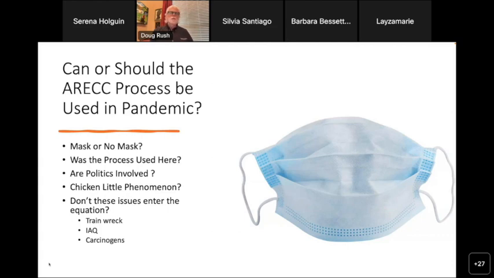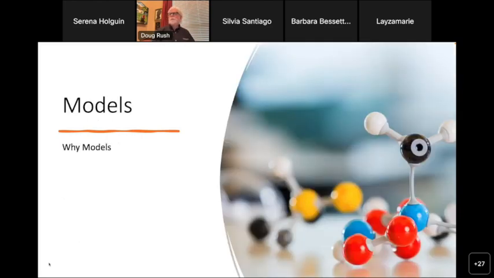Same thing goes with carcinogens. I cannot tell you how many times I've been in a workplace where someone thinks if I'm exposed to one molecule of a particular chemical, I'm going to get whatever it says I'm going to get. It's just not true. So we have to develop processes associated with that in advance.